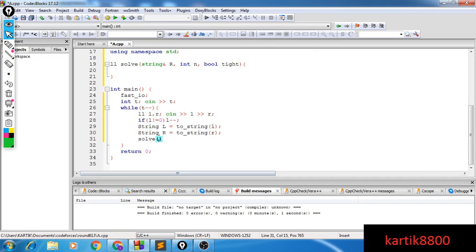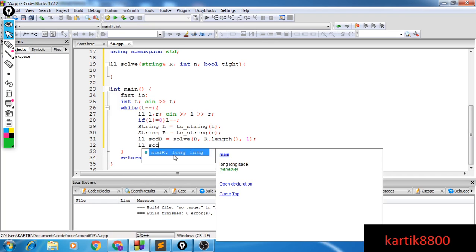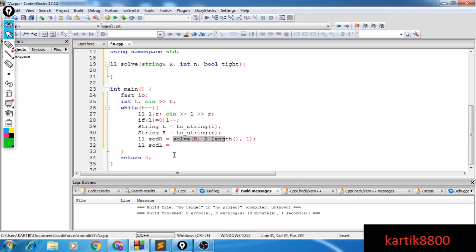So initially I'm interested in finding out two things. Let's say long long SOD till R equals sum of digits till R equals solve, pass in R, pass in the number of digits in R, that is R dot length, and initially I need to give regard to R. Similarly, SOD of L, the sum of digits till L minus 1: you pass in L, you pass in the number of digits in L, that is L dot length, and you have to pay regard to what L is, because you want to generate numbers less than or equal to that.